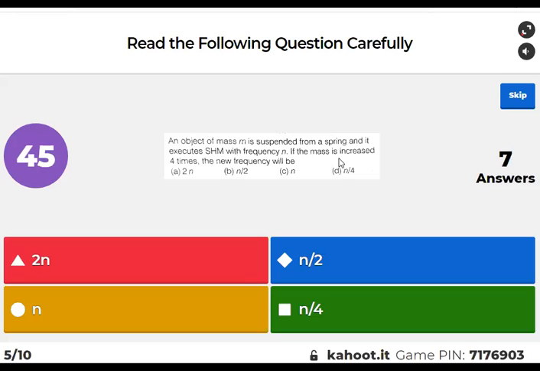Just put the formula and get it, guys. Okay, Meet. Okay, Shrihari. Okay, Jashan. Okay, Sneha. This is frequency, not angular frequency.